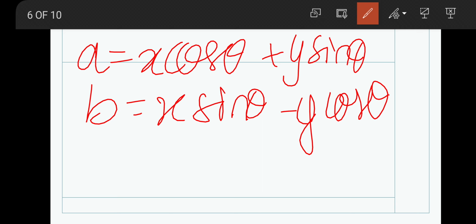So there is some relation for cos and sin. To do that, first we have to do squaring on both sides.